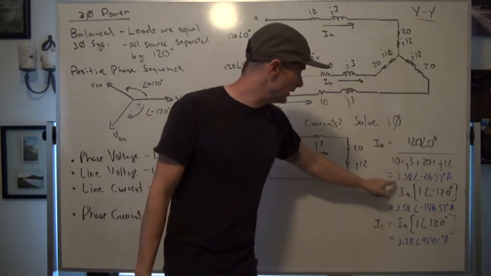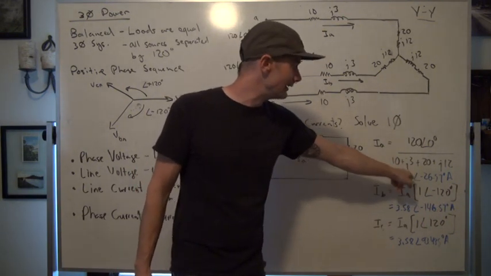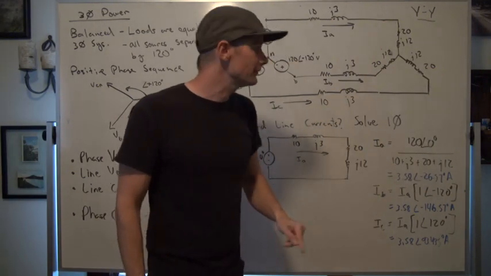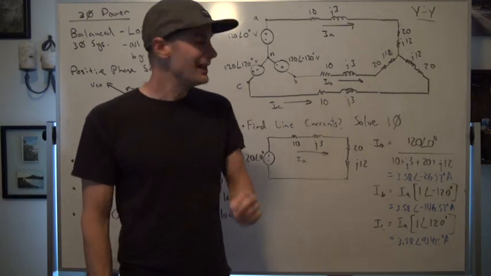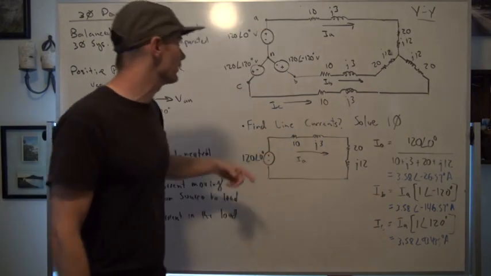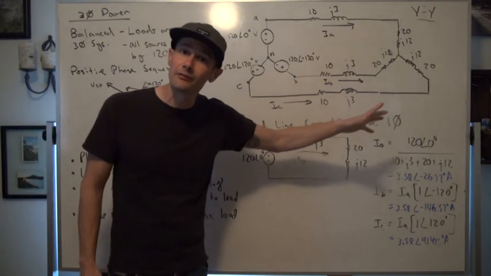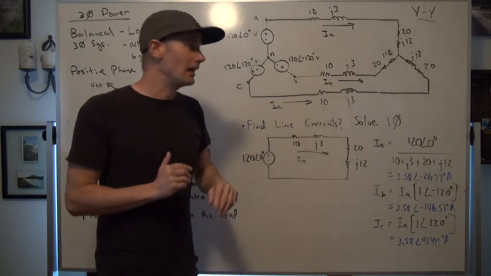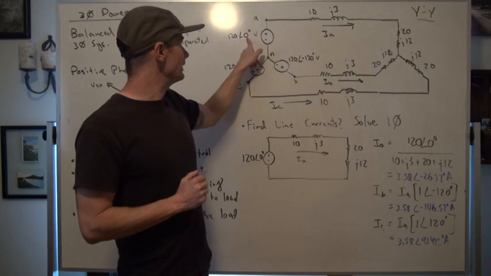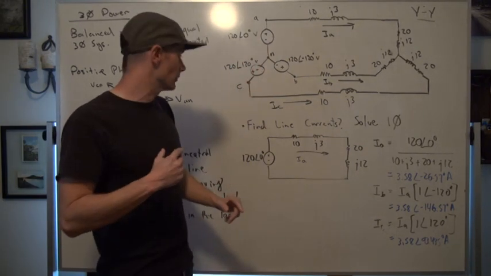Bam! Comes out to be 3.58 at an angle of negative 26.57 degrees amps. And that makes sense, guys, because this is mostly resistive inductive in nature, so that current should be lagging behind that voltage, which is in fact 0 degrees.